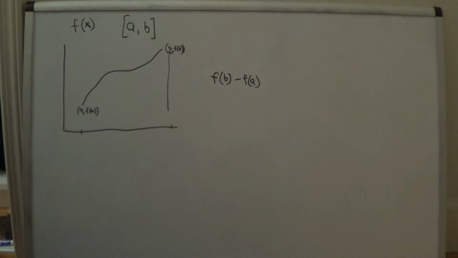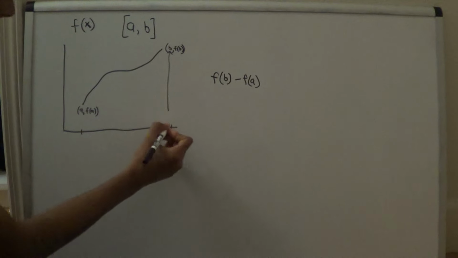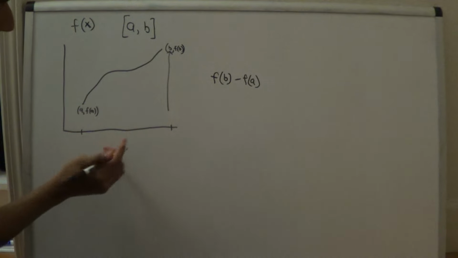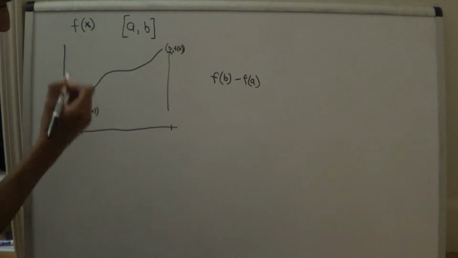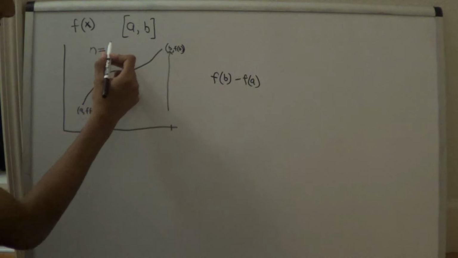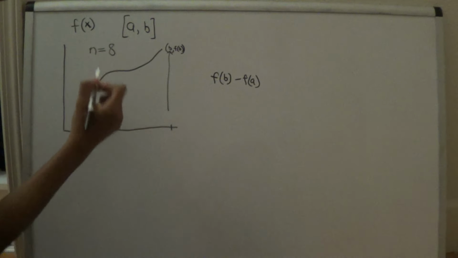And now I'm going to try to split that vertical distance. So first let's split this interval into 8 equal subintervals. In general we would split it into n subintervals, but for now let's have n equal to 8.